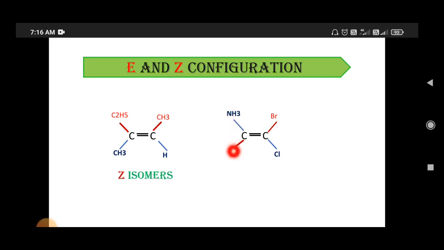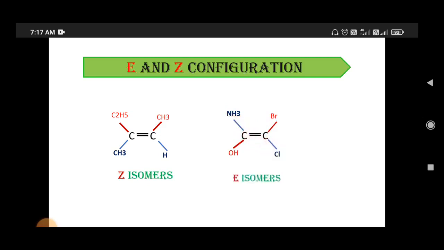Both have the same molecular weight, but on this side the nitrogen is directly attached to the carbon, and on this side oxygen is directly attached to the carbon. We know that the atomic weight of oxygen is higher compared to nitrogen. So in this molecule, the high substituents are present on opposite sides, and low molecular weight substituents are present on opposite sides. So this isomer is the E isomer.